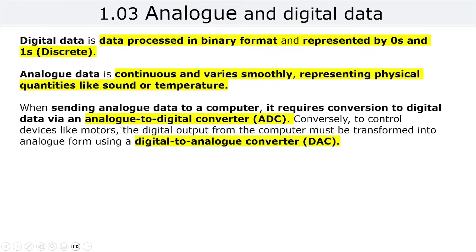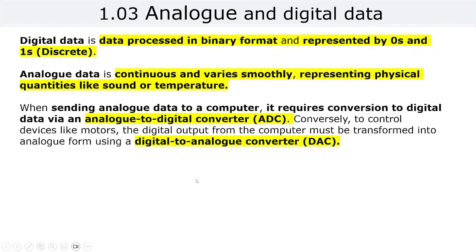The analog data that is taken needs to be converted into a digital format, that is the zeros and ones, in order for the computer to understand. And in the same way, if the computer wants to give out some information to us, it needs to convert it from digital to analog form. And so it uses a digital to analog converter, so you are able to understand what the computer is saying.